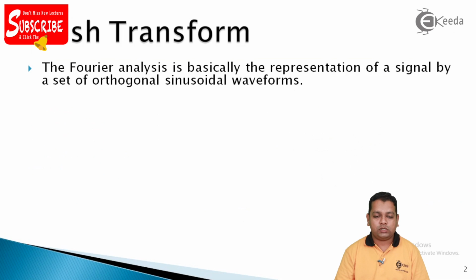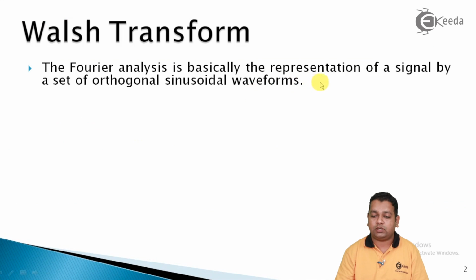Regarding the Walsh transform, we first talk about how Fourier analysis is the basic representation of a signal by a set of orthogonal sinusoidal waveforms. In every image transform, or in general signal processing, transforms have a criterion of orthogonality.